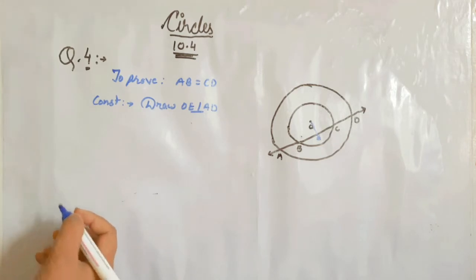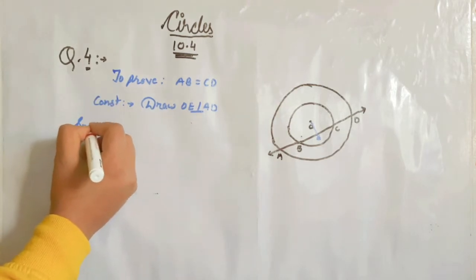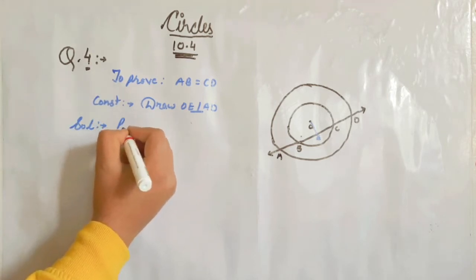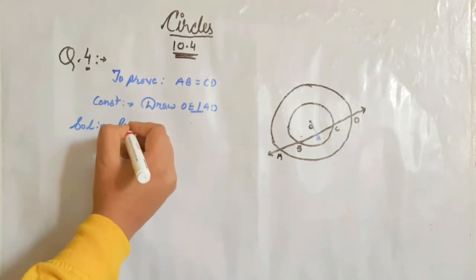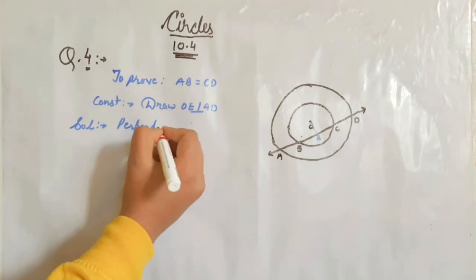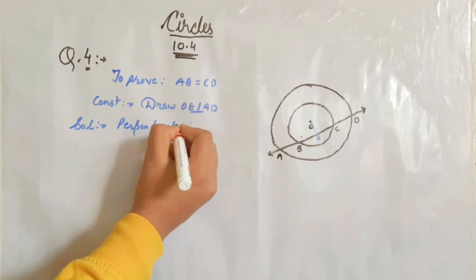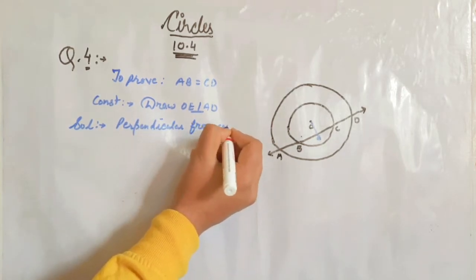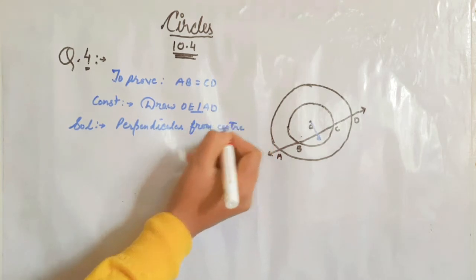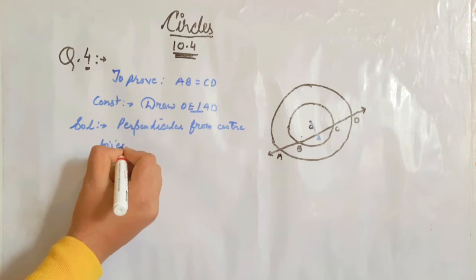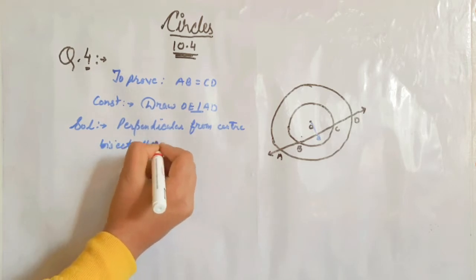So we know that for the solution, perpendicular from the center bisects the chord.